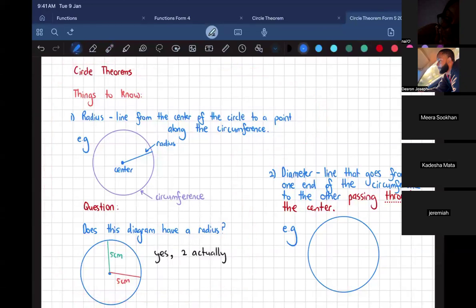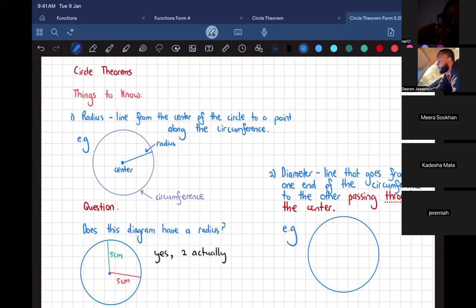All right, so the diameter is a line that goes from one end of the circumference to the other. What did I write in red? What does it say in red? All right, Paul, to the center.